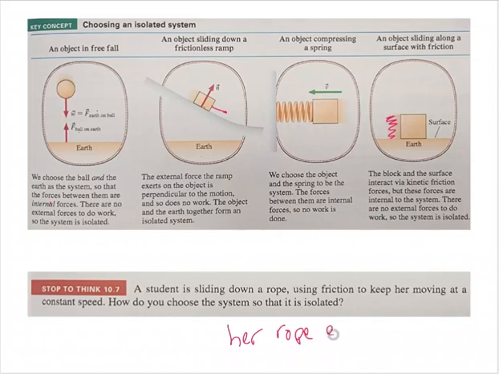But also the earth. Those three things would be our system. She's sliding down the rope, so we have kind of this situation here. The system is isolated, then no work is being done, and we would move on then with our work energy equation.